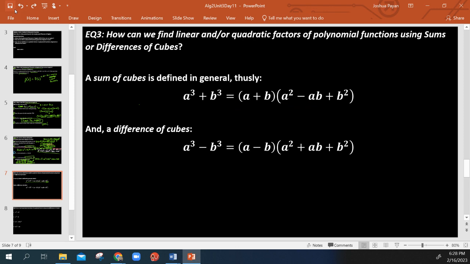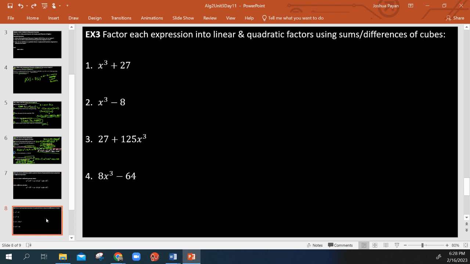Whereas if we have a difference of cubes, a cube minus another cube, we've got minus plus. It's really, really easy to mix these up, and you'll probably see me do that in this very video. So, like I said, I'll probably still come back to the screen.